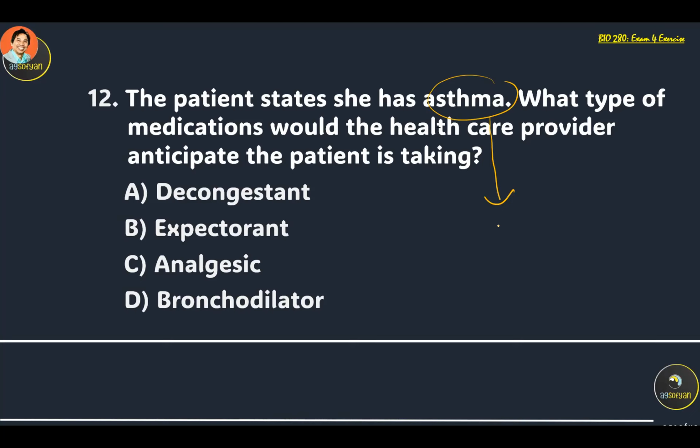It will prevent the air from entering the lungs. So the doctor will give her a medication that makes the muscle relax and opens the bronchus. Dilation here means to open, or to make a muscle dilated. So this will be the medication, bronchodilator.